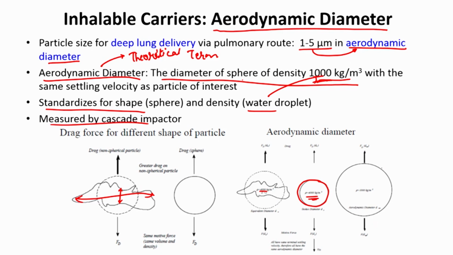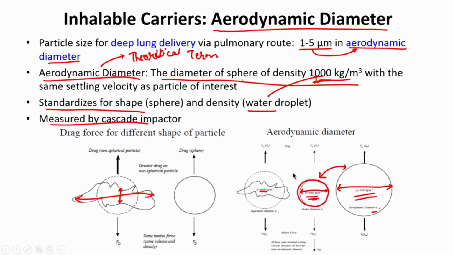To compensate for that, you actually increase the size, and that aerodynamic diameter will be this diameter rather than this diameter, because now the density is different, so the drag will be different. So, what you are saying is these two have the same drag even though they have different densities and different diameters, and that is what you are essentially comparing it to.